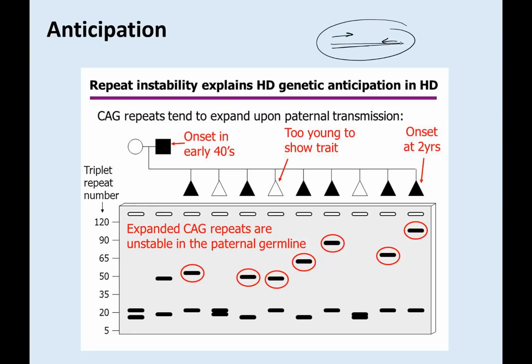So what we do instead is, if this is where the repeats are, we amplify outside, and we'll look on a gel at how big that piece of DNA is. And as the piece of DNA gets larger and larger, you can see the disease shows up earlier and earlier. So it's kind of a neat molecular technique. When we get to the molecular side of genetics, we'll talk about this a little more.